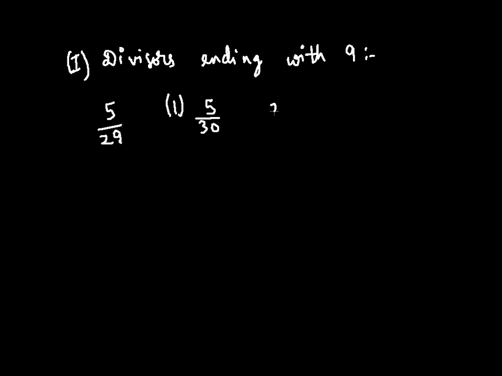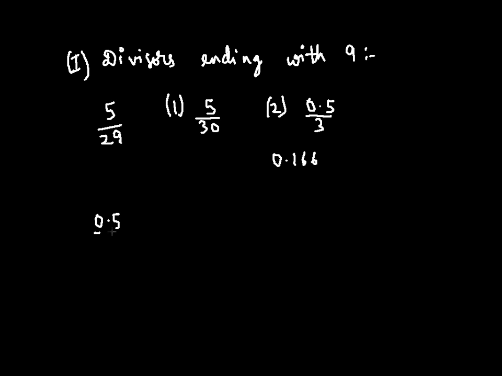Second step, remove 0 from the denominator by writing it as 0.5 by 3. The answer is not finally 0.5 by 3 or 0.166. It is not that way, but we carry out step by step division like this.